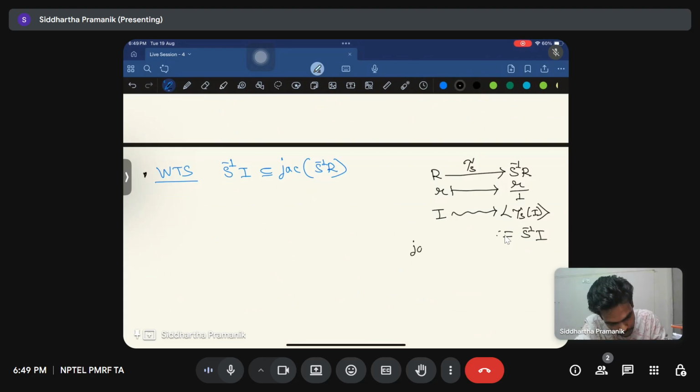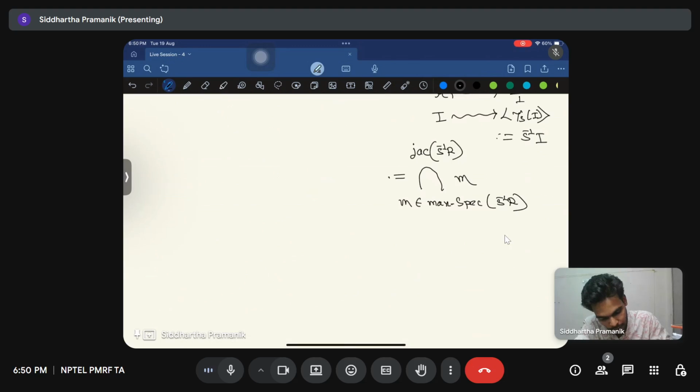So the Jacobson radical of S inverse R is basically the intersection of all M, where M belongs to the maximal spectrum of S inverse R. So this is the definition, but we have an alternative description for the Jacobson radical.